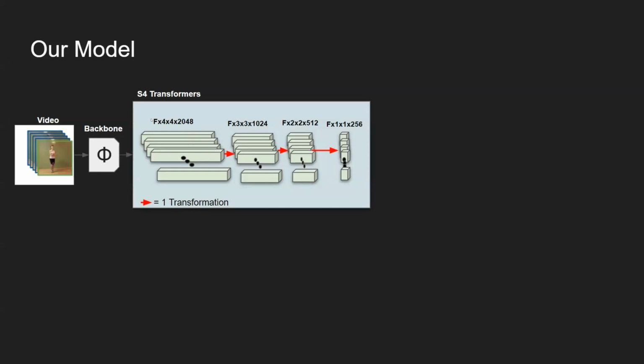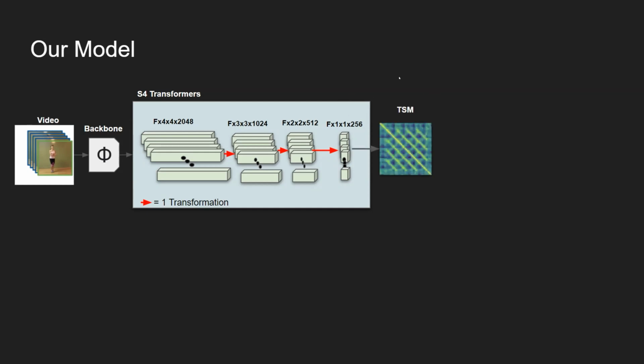So in the first S4 transformer, we reduce from 4x4 to 3x3 in the spatial dimension with pooling. And again, also reduce the number of features from 2048 to 1024. Similarly, in the next layer, we reduce from 3x3 by 1024 to 2x2 by 512. And in the last layer, we reduce from 2x2 by 512 to 1x1 by 256 features.